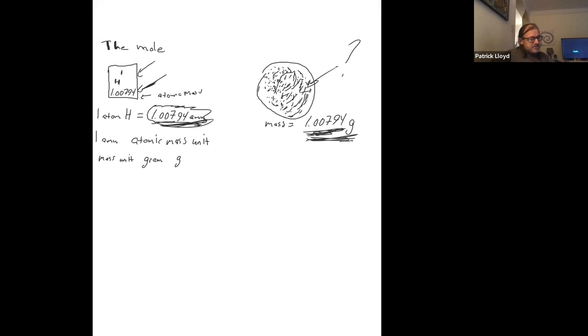We're going to define something called the molar mass. Molar mass, okay? And the molar mass is equal to the mass of a substance when we have 6.022 times 10 to the 23rd of that substance.